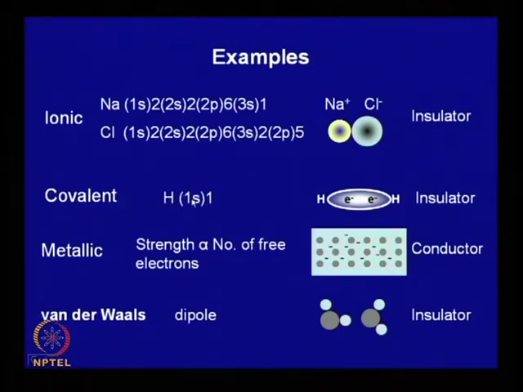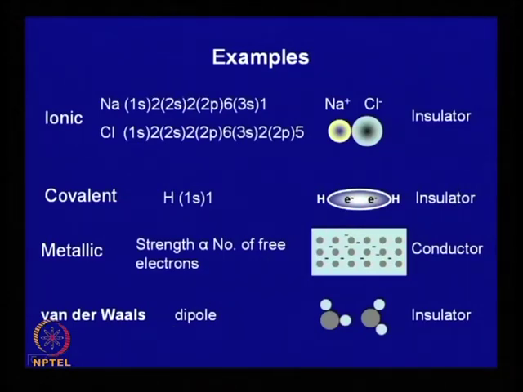Hydrogen has one outer shell electron, where the capacity of this cell is 2. So, it is half filled. So, if 2 hydrogen atoms share the electrons together, the structure will be even more stable, but these electrons are not free to move, and therefore, this type of bonding also gives insulating properties. Materials having this type of bond will be insulators.